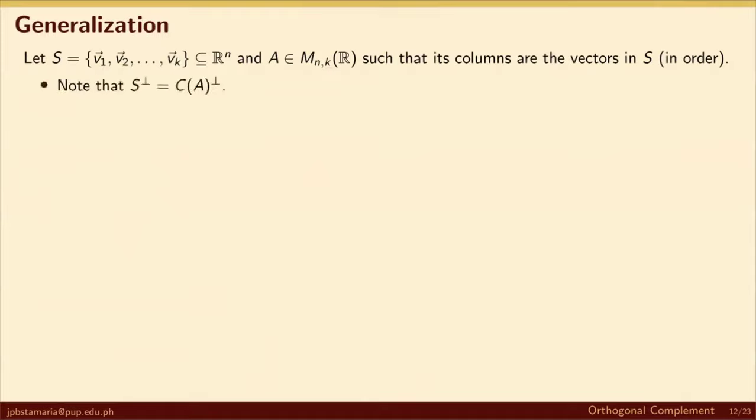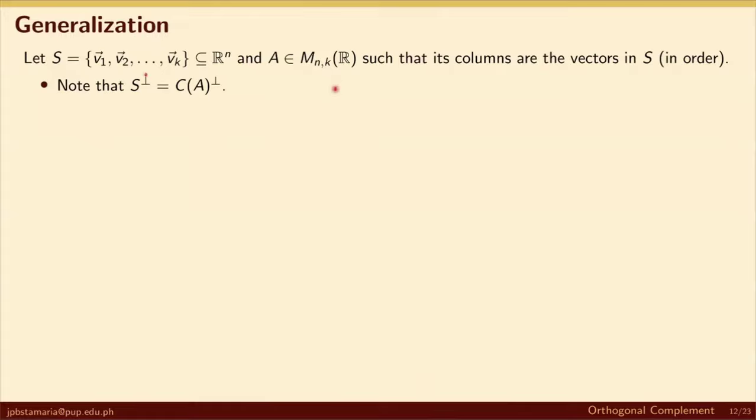Okay. So as you can see, S perp is basically the set, by the previous remark in the definition: whenever you are orthogonal to S, you are orthogonal to the span of S. That's why if I take the perp of S, well, the span of S is the column space of A, right?